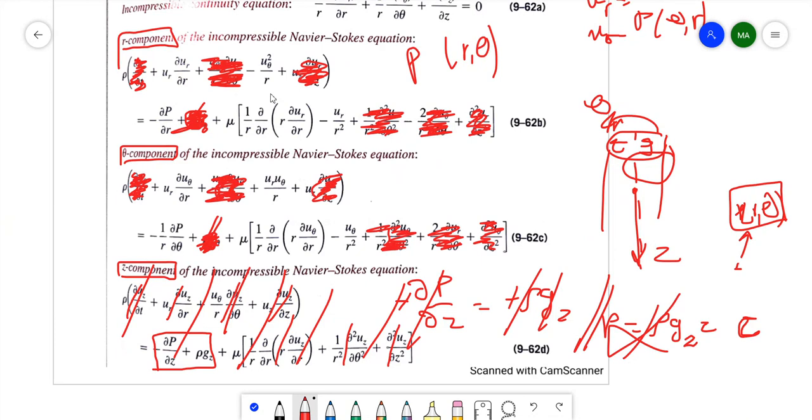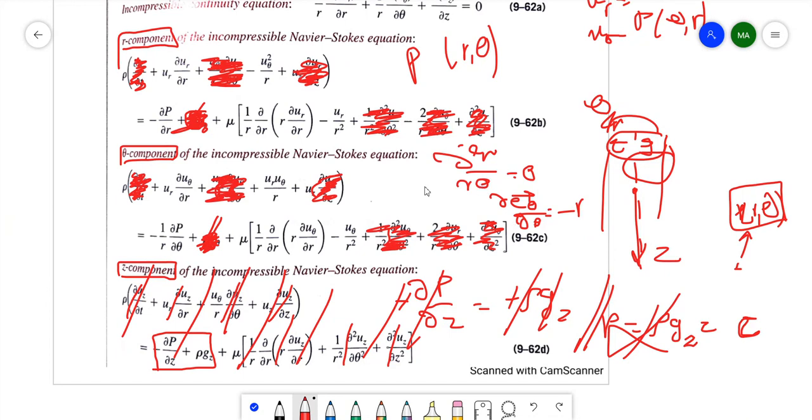As I told you, those additional terms are coming from expanding the equations in cylindrical coordinates and using the fact that the partial of the unit vector e_r over partial theta is equal to e_theta, and the partial of the unit vector e_theta by partial theta is equal to minus e_r.